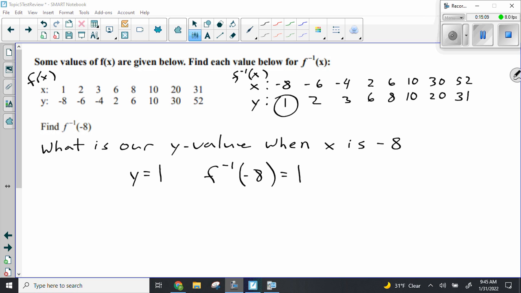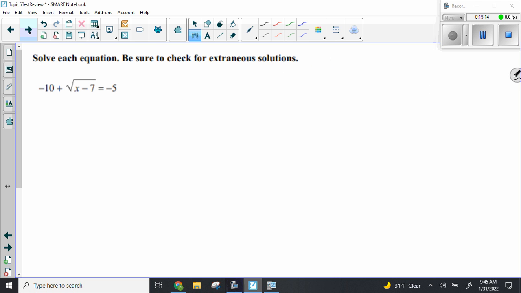All right, we've just got a couple more to go. Well, 3, I think. And let's go through it. We're going to go ahead and solve this equation, but we must check for extraneous solutions, okay? So remember when we went over this in class, I told you the thing you need to do first is isolate the radical, right?